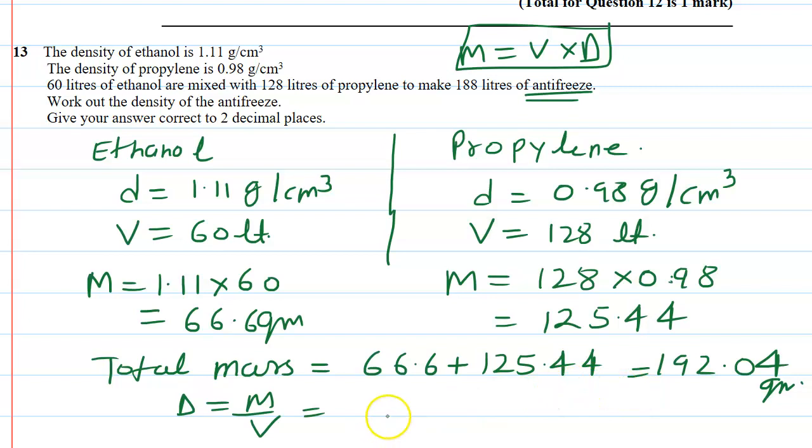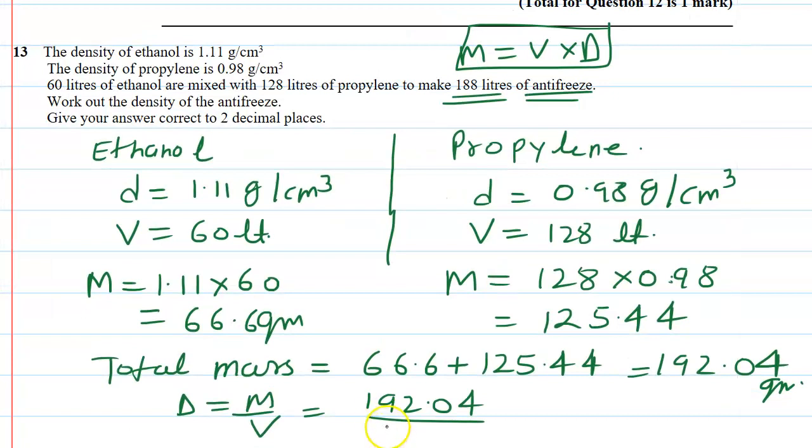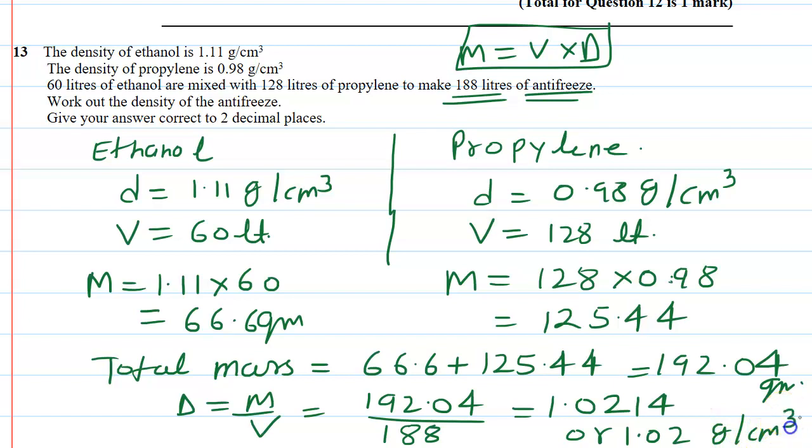So total mass is 192.04 and total volume is given 188 liter. If you divide it, it comes 1.0214, and you can write 1.02 gram per centimeter cube. That will be the density of antifreeze.